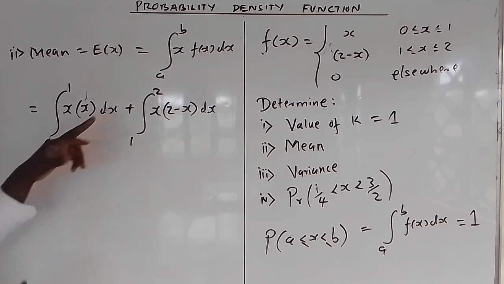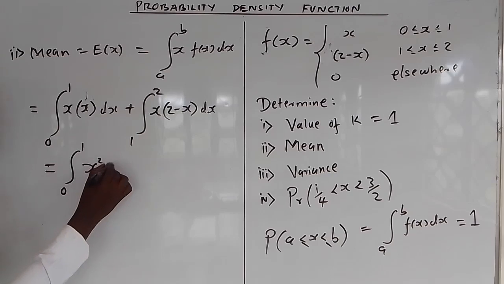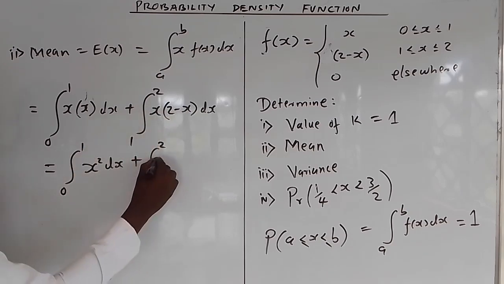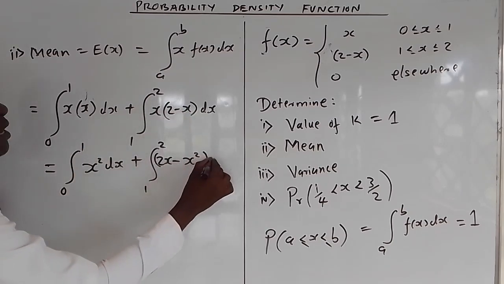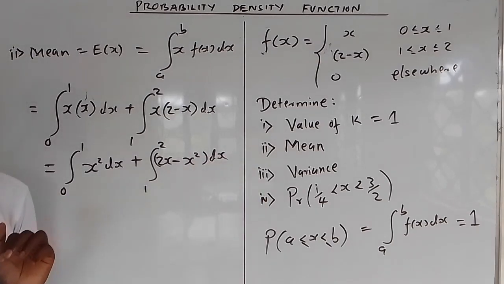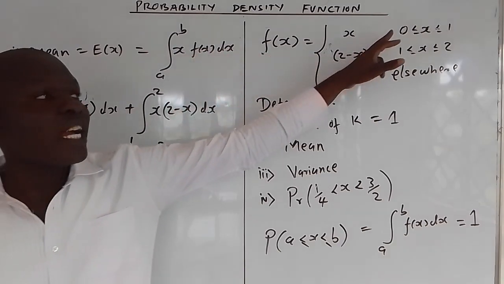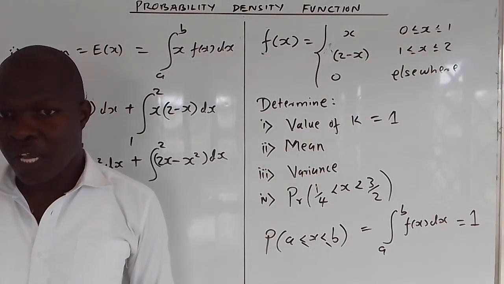So you now write it in a manner which you can integrate: integrate x times x, x squared dx, then plus integrate from 1 to 2, x times 2 minus x, 2x minus x squared dx, isn't it? So what is important? You must put the definition of f of x in the given interval. Is that okay?